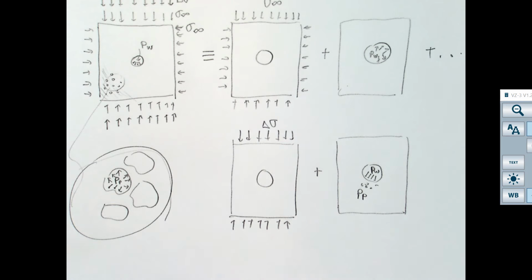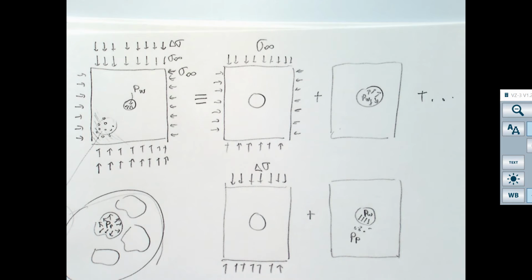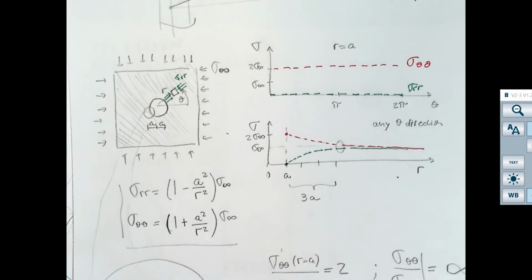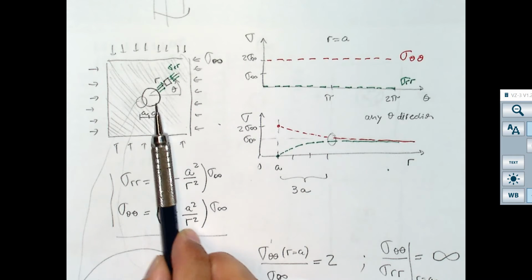And we already saw the first one, right? The first one, it's an application of a far field stress. Even if it's the same in all directions, we saw that when you get to the wall of the wellbore, and remember in this case we're considering that there is no pressure inside the wellbore.